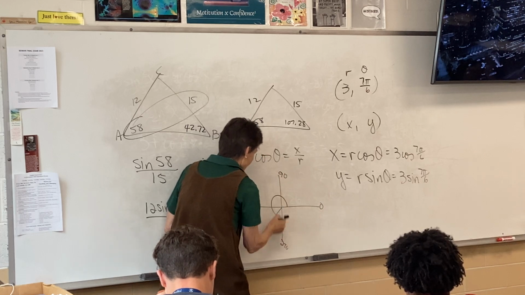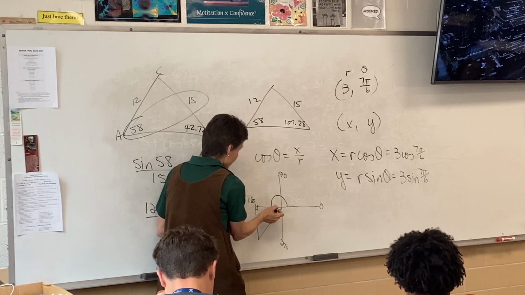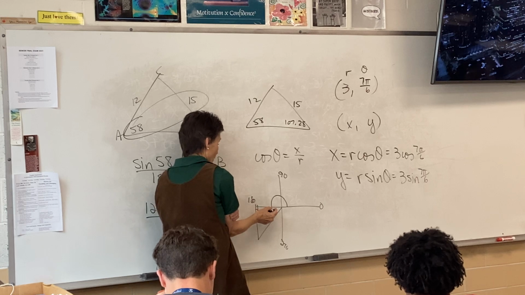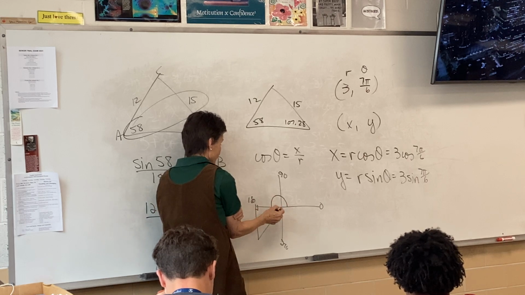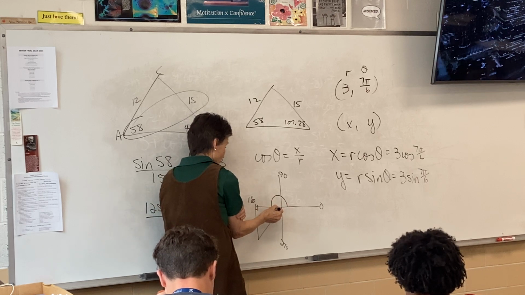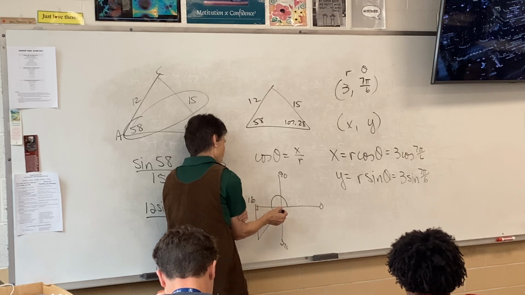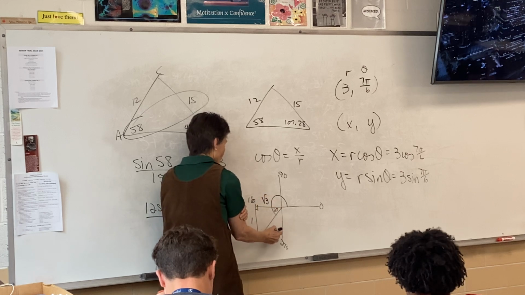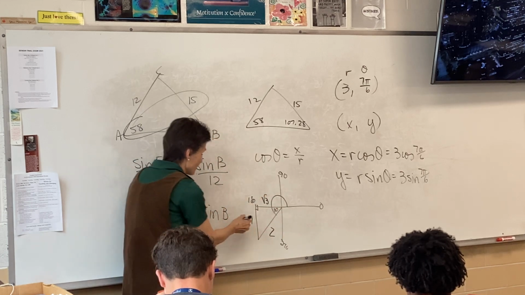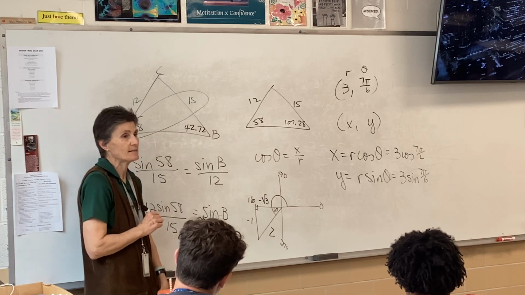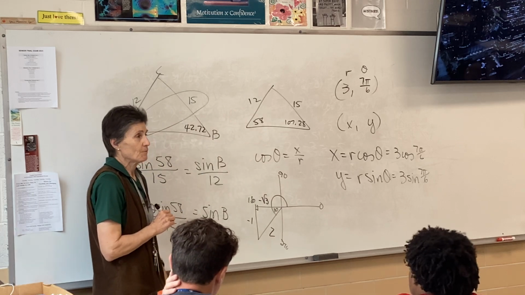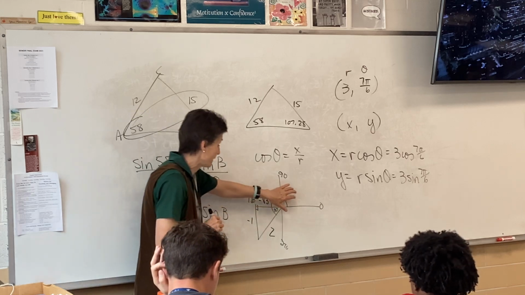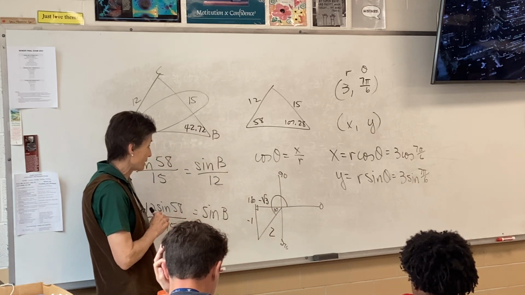Here's 210 right here. This angle right here, my reference angle, is the key. Use your common sense. If this is 210, then this much must be 30. So 1, root 3, 2. And these are both negative. That's so easy to forget the negatives. If you are drawing a picture in any quadrant other than 1, make sure you include the negatives.